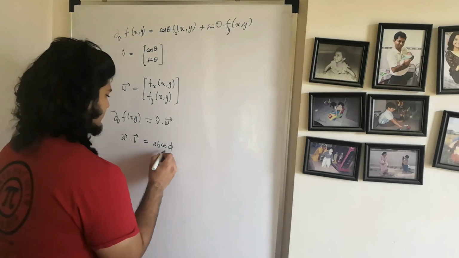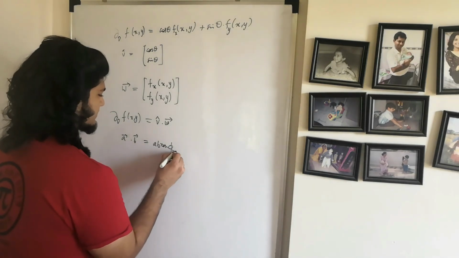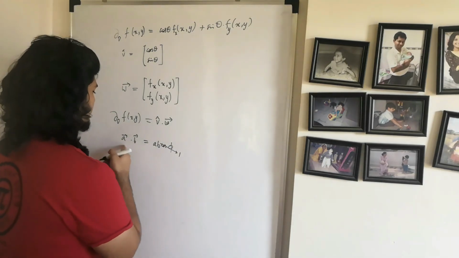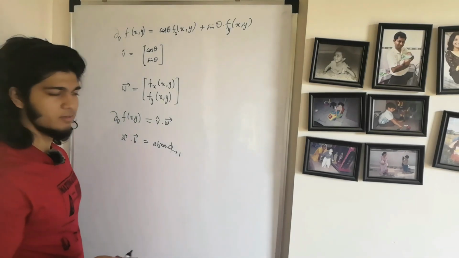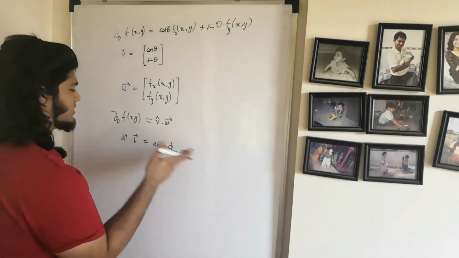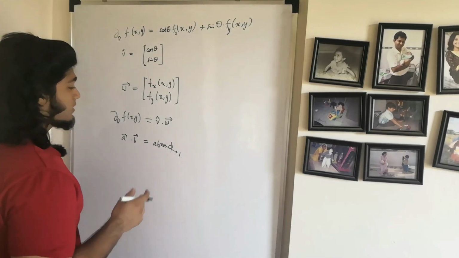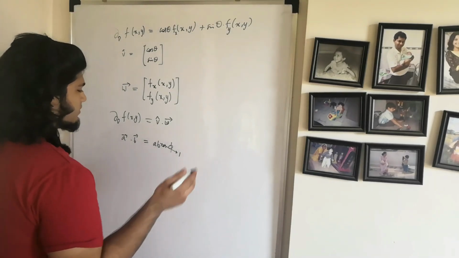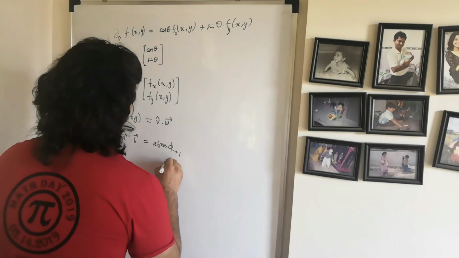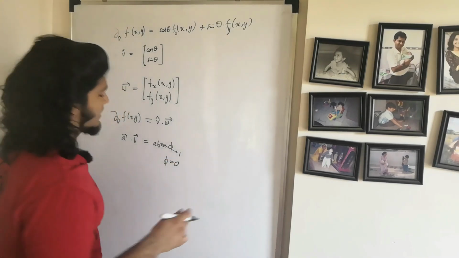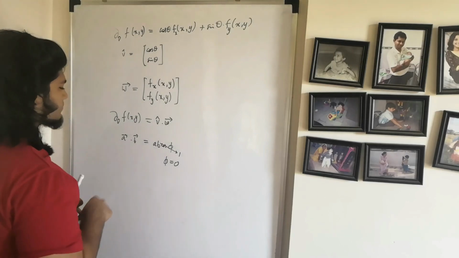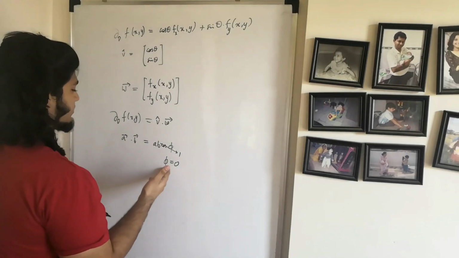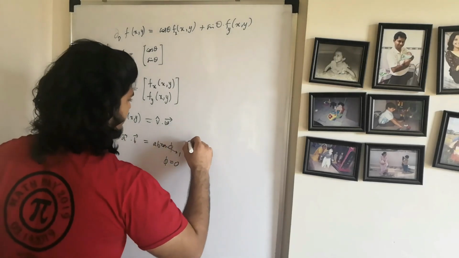So this tells us that when cos phi is equal to 1, then the dot product of a vector and b vector will be the maximum for any two constant vectors a and b. So when is cos phi equal to 1? Well, that's equal to 1 when phi is equal to 0, like 2n pi, but let's just take 0. So when phi is equal to 0, that means they are pointing in the same direction.